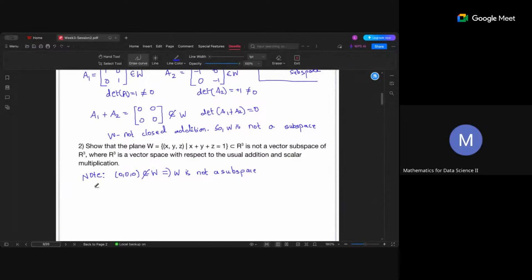For example, let us take 1, 0, 0, which belongs to your W. Let us call this V1, and V2 is 0, 1, 0, which also belongs to W. Now what about V1 plus V2? 1, 1, 0. Does this belong to W? No, ma'am. So W is not closed under addition.